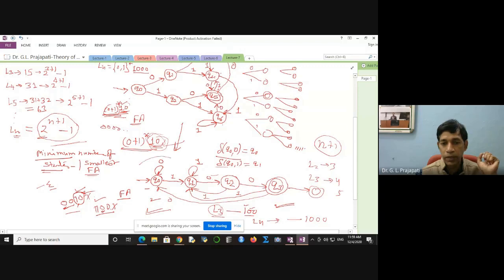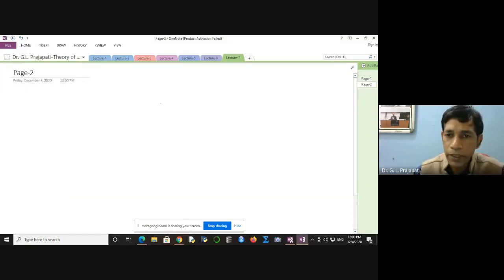And hence, if you go for the language that ends in 10, you must have 3 states, just like we have considered earlier. So this is the smallest FA we have. So we have seen the FA, and you come to know now that you need to construct the FA that should have the minimum number of states.